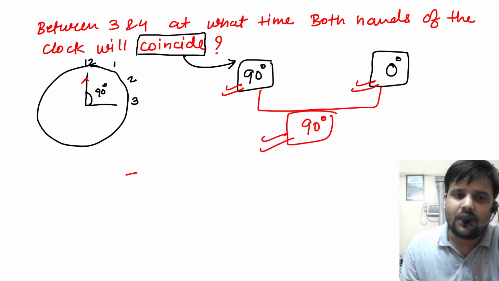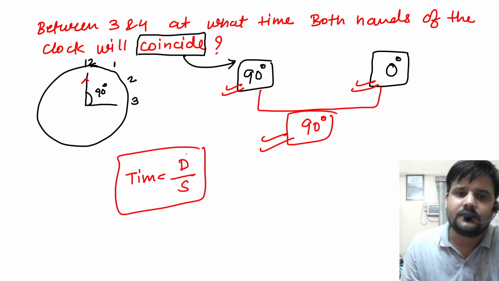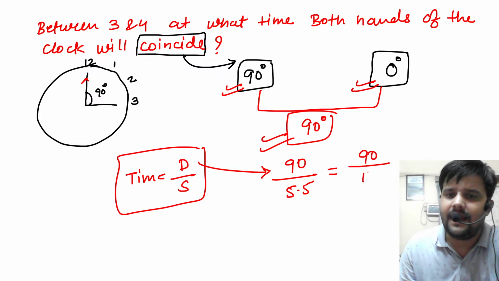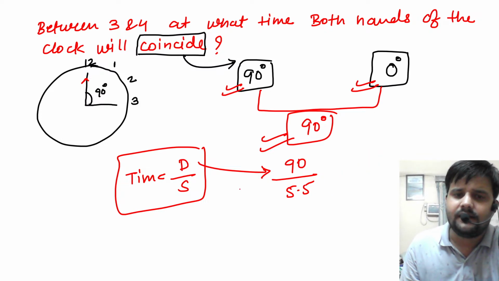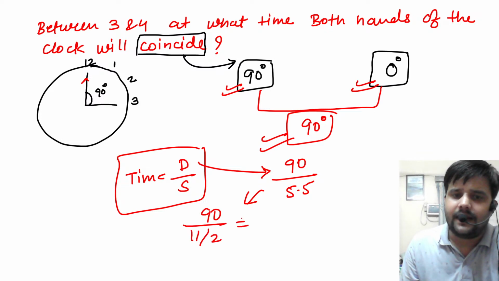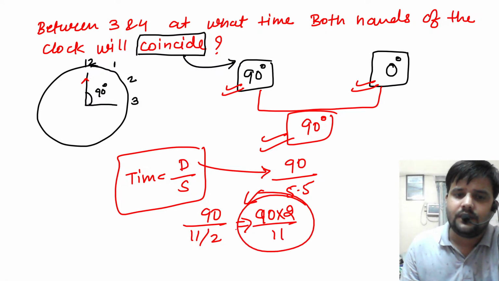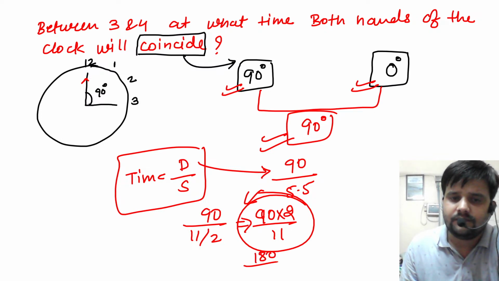So what is the formula for time? Time is always distance by speed. So distance here is 90 and speed is 5.5. So the time taken would be 90 divided by 11 by 2. I can write it as 90 into 2 by 11, which means 180 by 11.